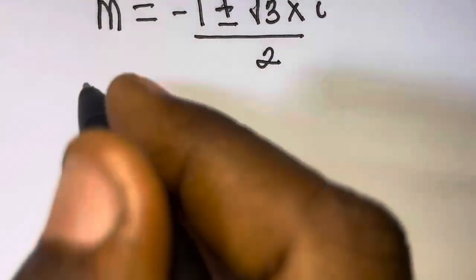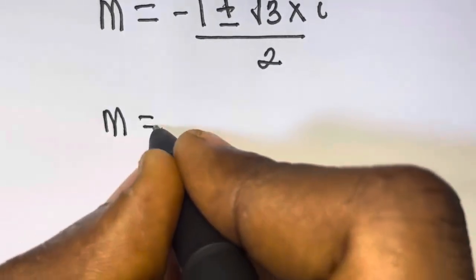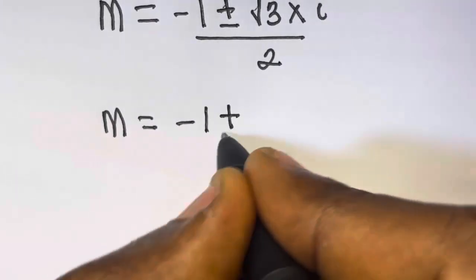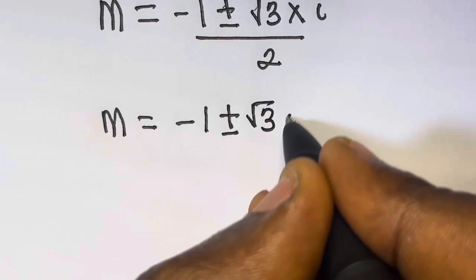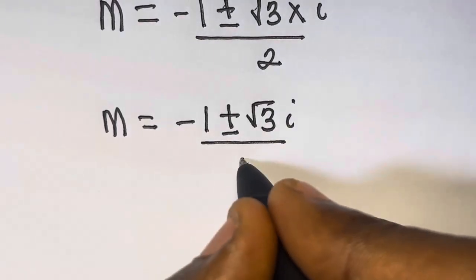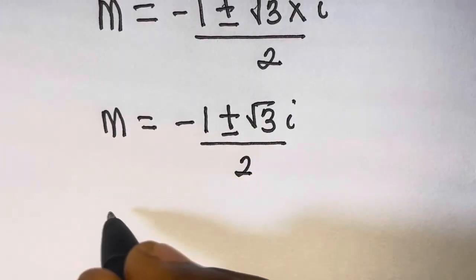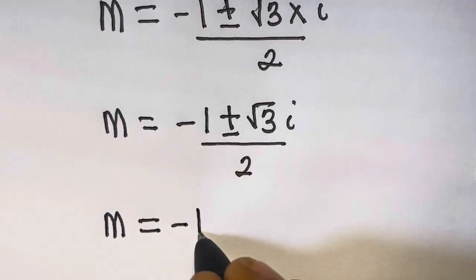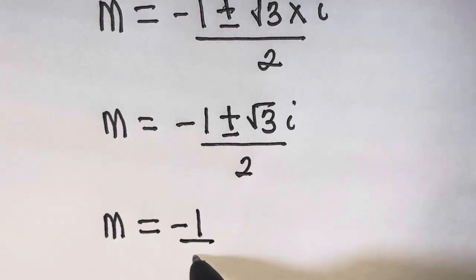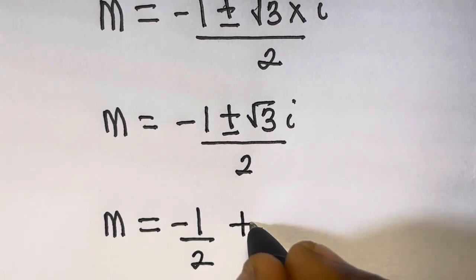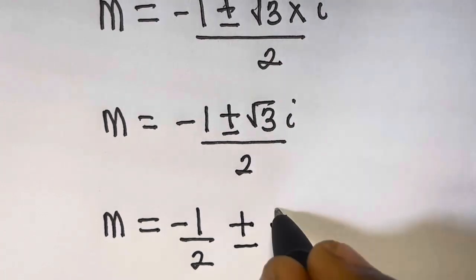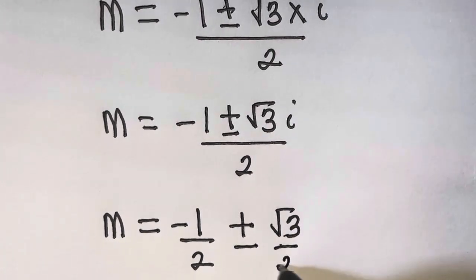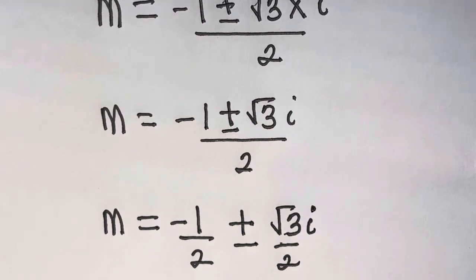So m equals minus 1 over 2 plus or minus square root of 3 over 2 times i.